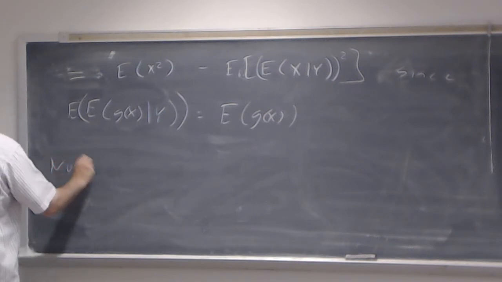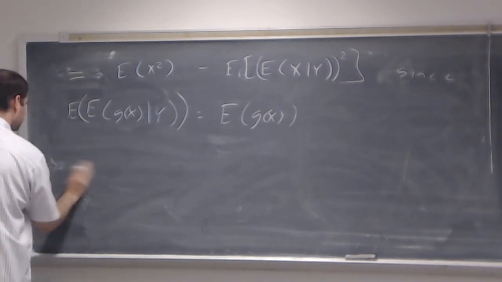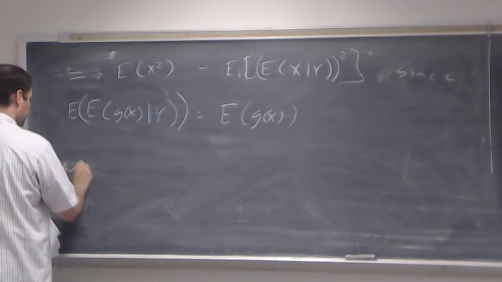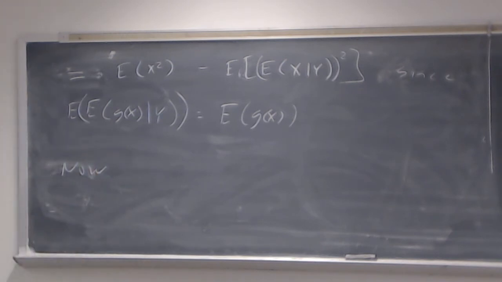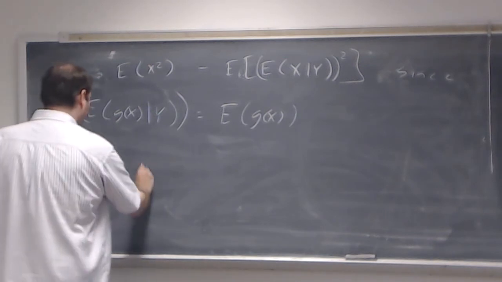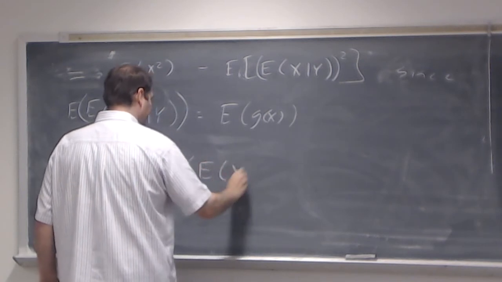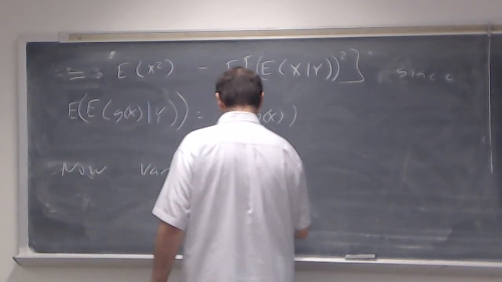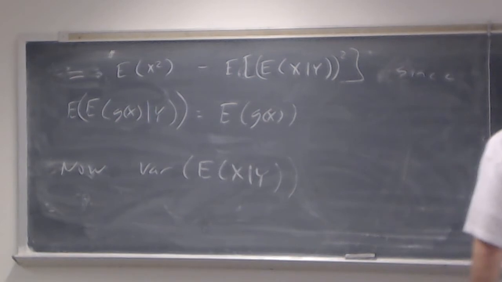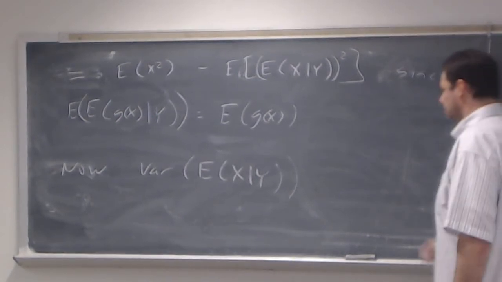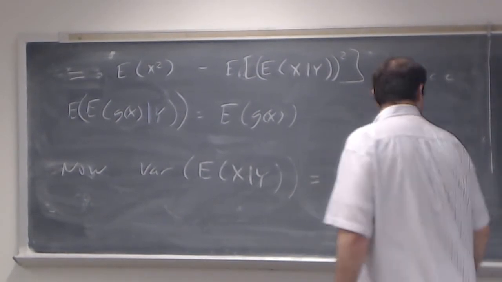So that was part of what was involved in our formula. The second part is the variance of the expected value of x given y.